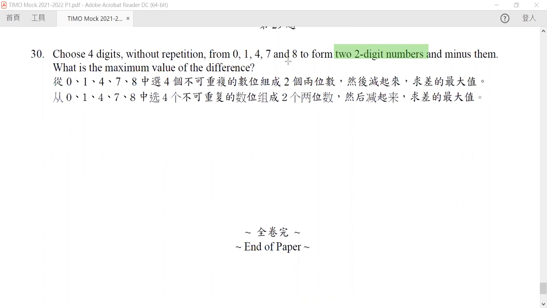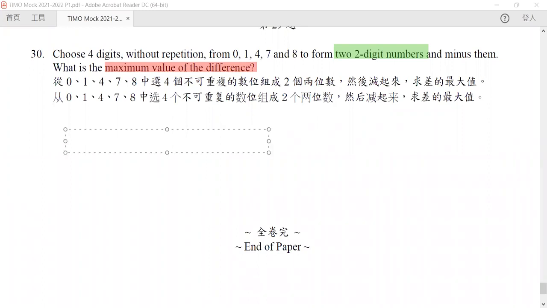Now, let us count how many 2-digit numbers we can write from these 5 numbers. Now, because we want the maximum value of difference, let us write it here.